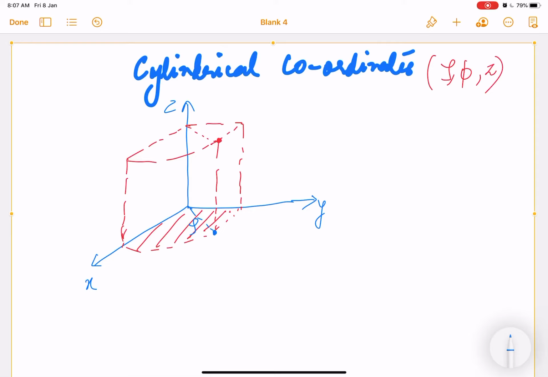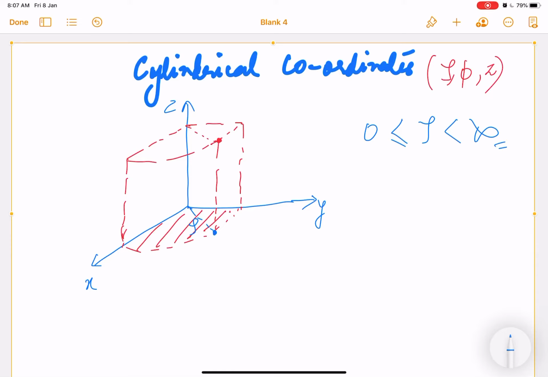Rho varies from 0 up to the radius of the cylinder. Maybe you have an infinite cylinder, so rho varies from 0 to infinity, whatever the size of your cylinder is. But if you are holding a bottle in your hands, its radius is limited, so instead of infinity, its limit will be up to the radius.